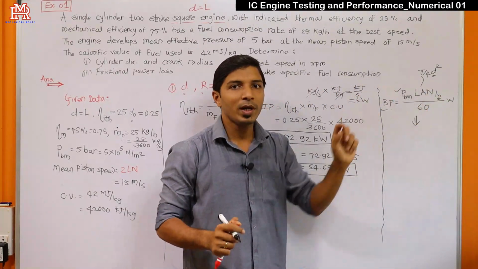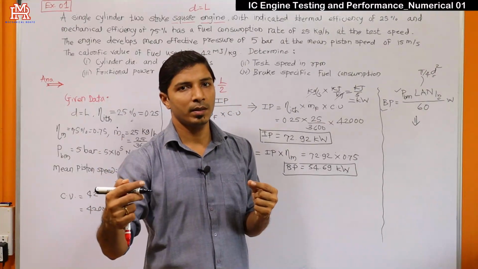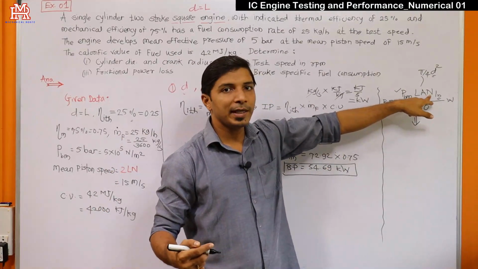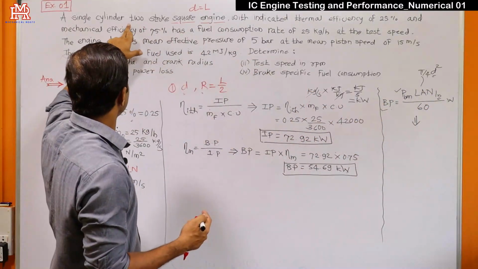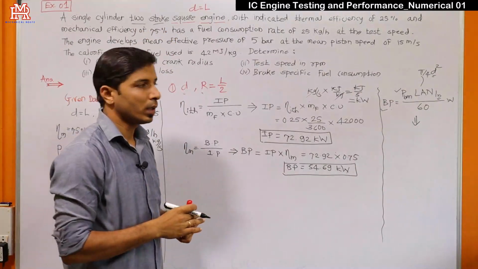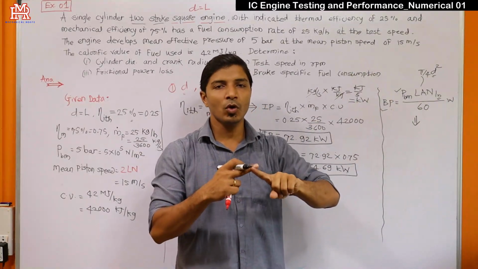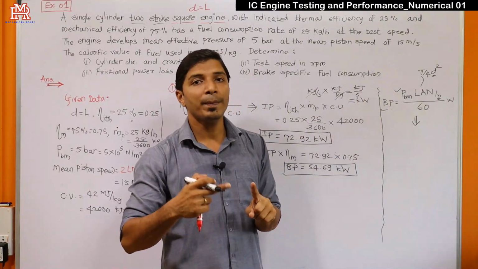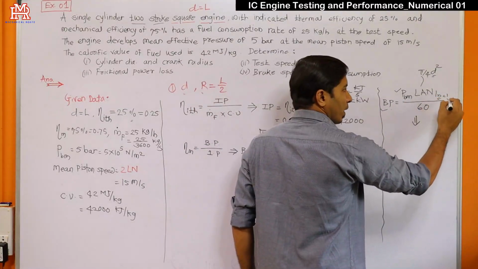This small n is number of revolutions required to complete one cycle, and this capital N is revolutions per minute. In case of two stroke, it is mentioned that the engine is two stroke. In case of two stroke, we know that this small n is equal to 1, means number of revolutions required to complete one cycle is one revolution.